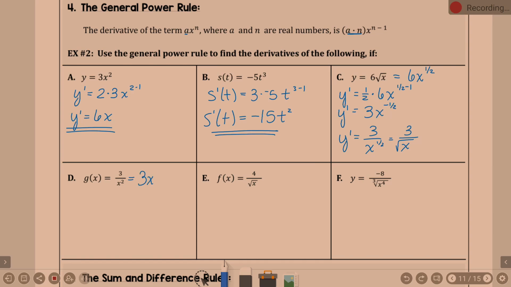D. First thing I'm doing is rewriting it without a denominator. Power rule only works when it's just an expression, no denominators. So I rewrote it as 3x to the negative second. So negative 2 out front times the 3x, and then subtract 1 from the power.